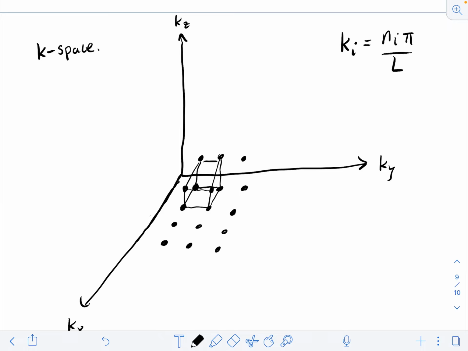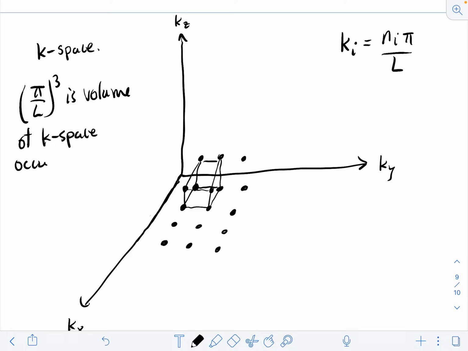And so the volume of this little cube, pi over L cubed, is the volume of K space occupied by each state in the system.